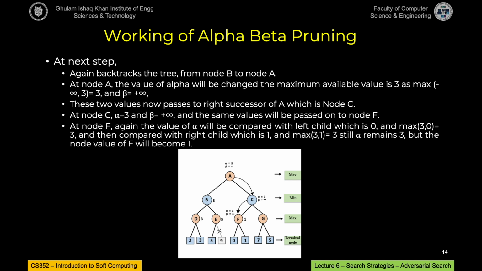At each point we check if alpha is less than beta, which is the case, since beta is infinity, so there is no pruning. Max of 3 and 1 is 3, so alpha still remains 3, and the value of node F will be 1, because the biggest value among 0 and 1 is 1.